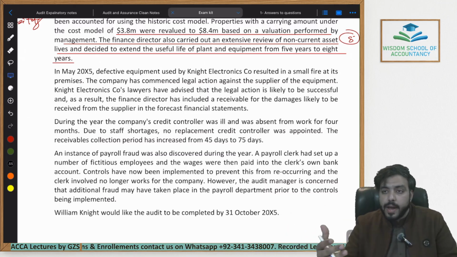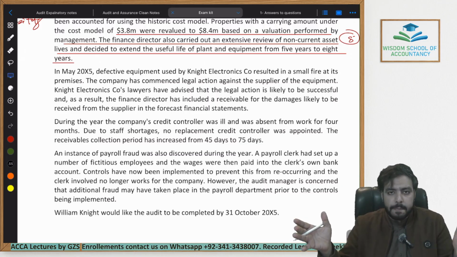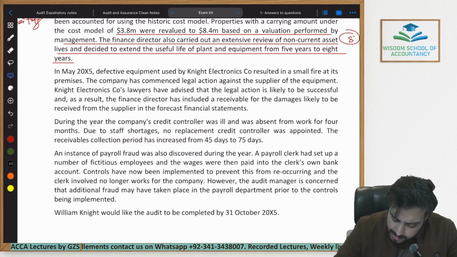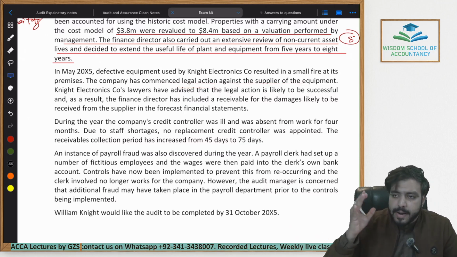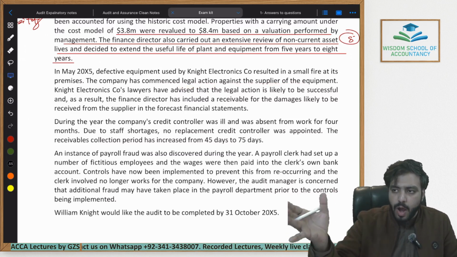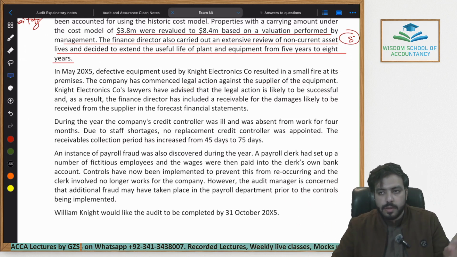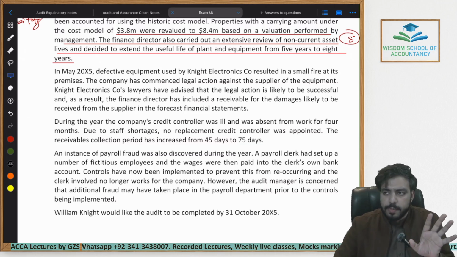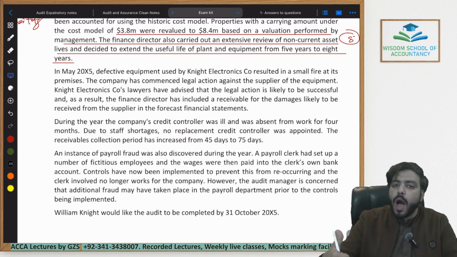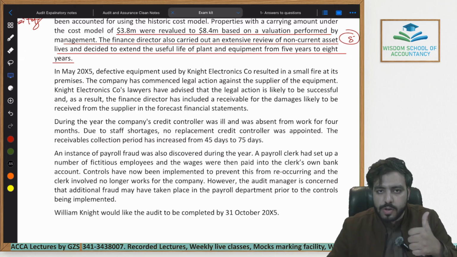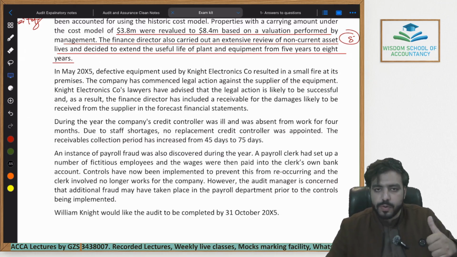A simple fire can cause a lot of damage to the company. So we are right now taking legal action against this supplier. We went to the court and we made a case that you have to pay us for all the damages. Because the fire was caused by your defective equipment, you have to pay us for all the damage that was caused to our warehouses and so on and so forth, to our buildings.